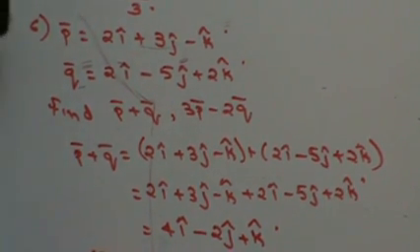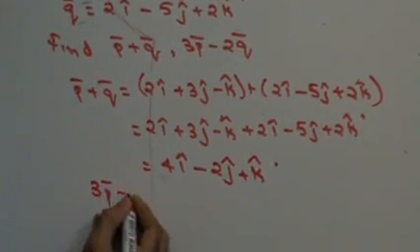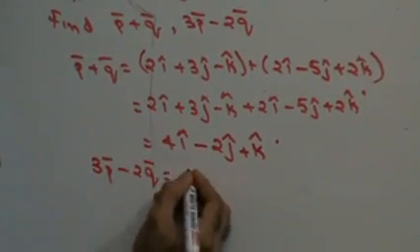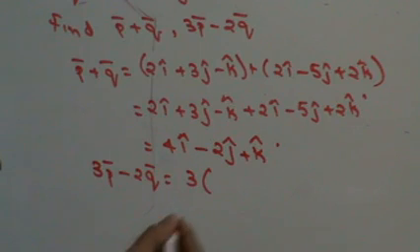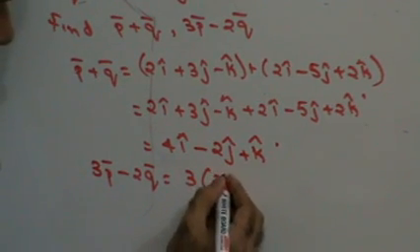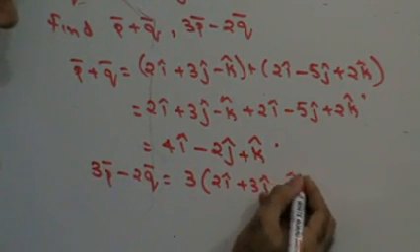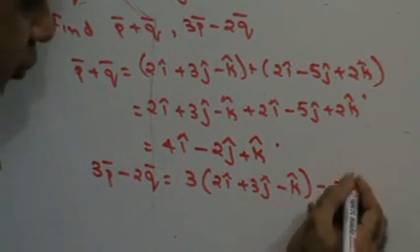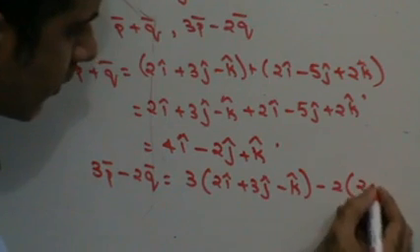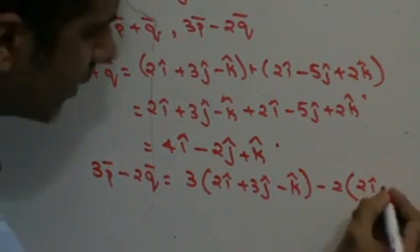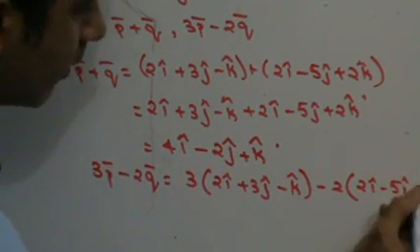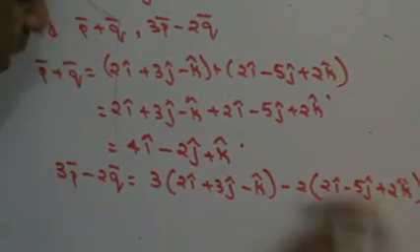Next they have asked you to find out 3P vector minus 2Q vector. So 3 into P vector is 2i plus 3j minus k, minus 2Q. Q is 2i minus 5j plus 2k.